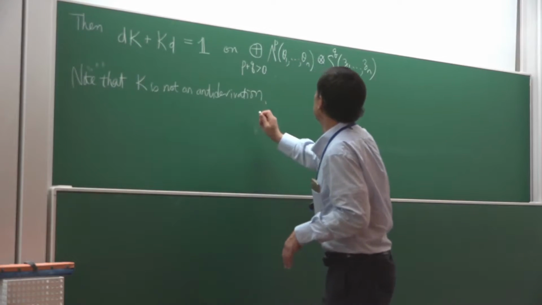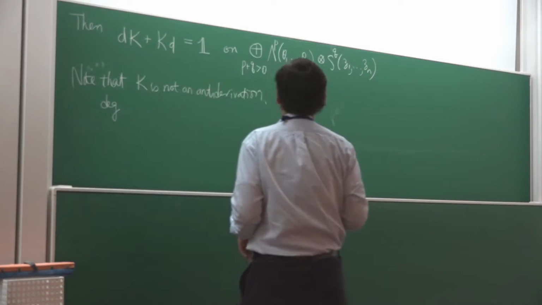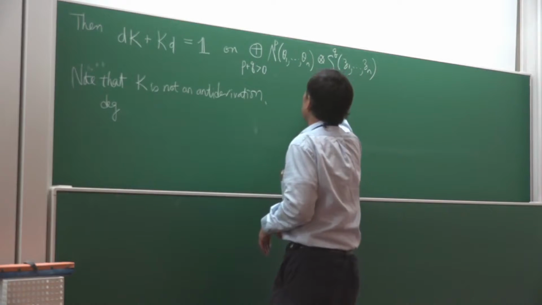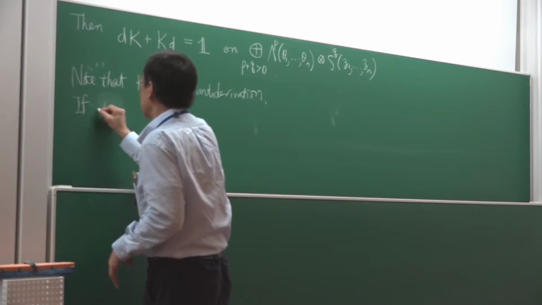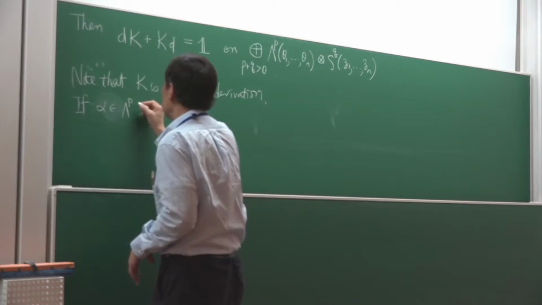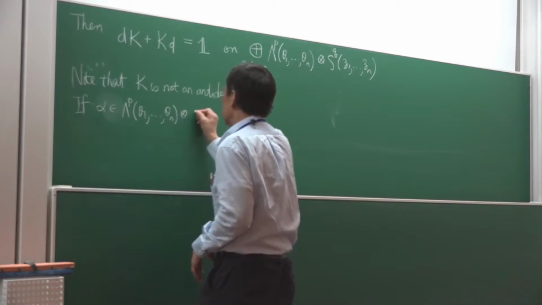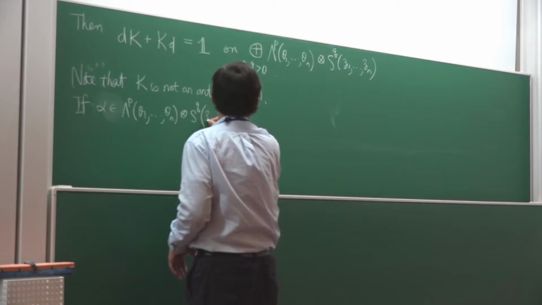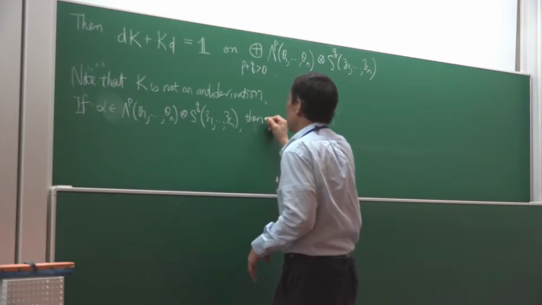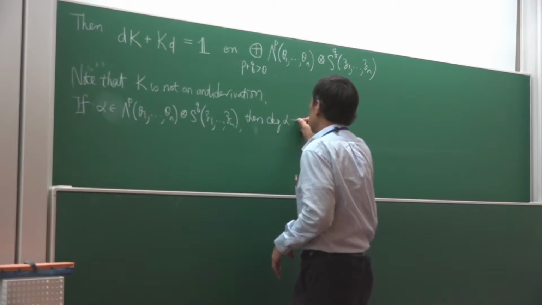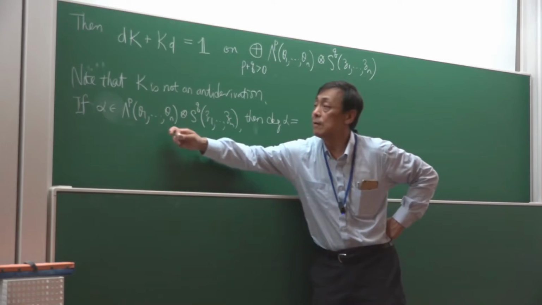And the degree of something in here: if alpha is in lambda p, say theta 1 to theta n, tensor S^q, z1 to zn, then what's the degree of alpha?